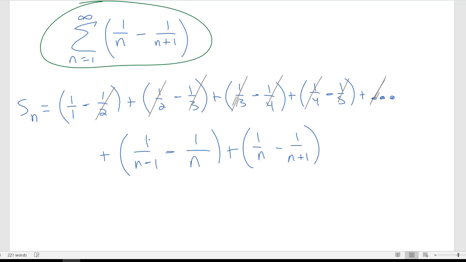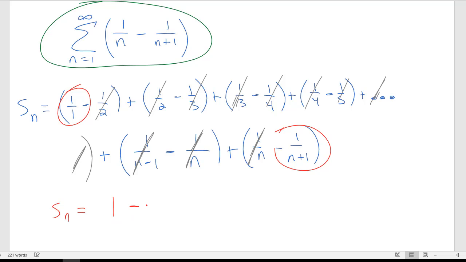In other words, the first in this term canceled with the last in the term prior, and the last in this term cancels with the first of the next term. And so this term here, the minus 1 over n plus 1, survives, if you will. So this guy survives and this guy survives. So technically, my nth partial sum is 1 minus 1 over n plus 1.